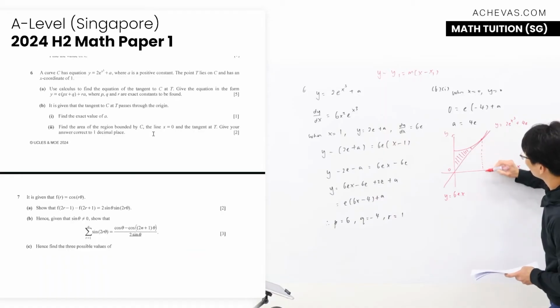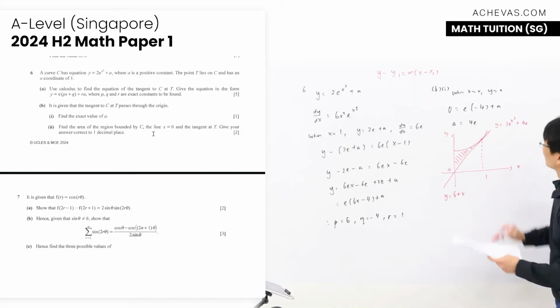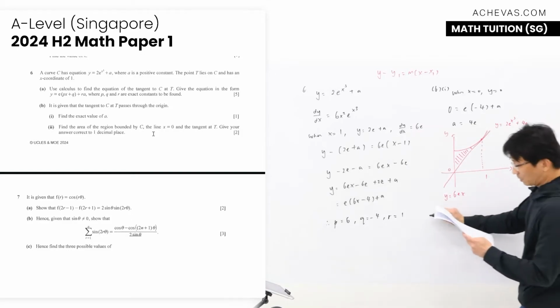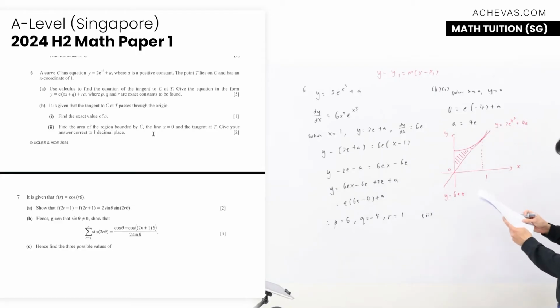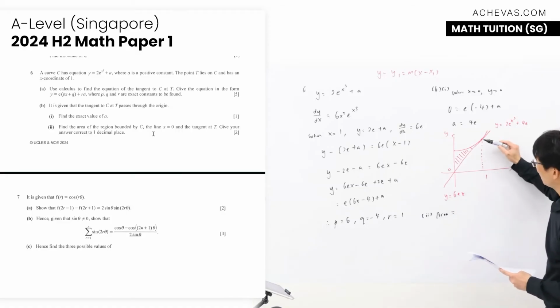Okay, let me drop down this line. This is the point where x equal to 1. With this diagram, I should be able to write down the area required. So the area will be the area underneath this particular curve minus the area of the triangle.